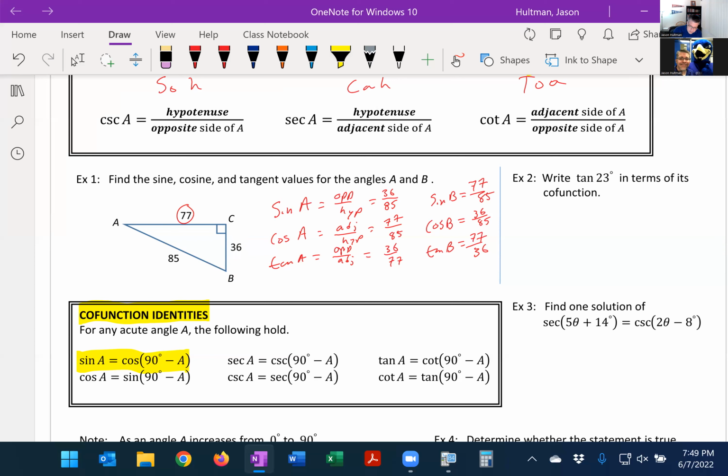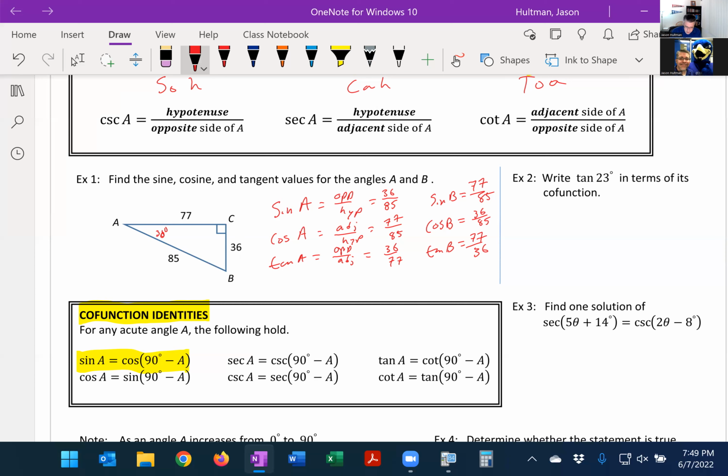And we kind of can see that from our right triangle, in that if angle A, let's give these angles some values, let's say that angle A here was, I don't know, 30 degrees. Okay, then how would I get angle B? Well, I would get angle B by subtracting 90 minus 30, because the angles in a triangle have to add up to 180.